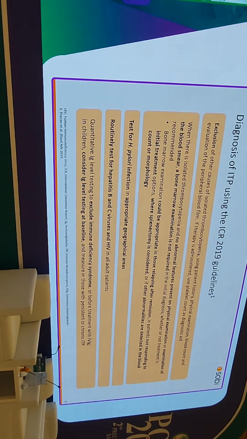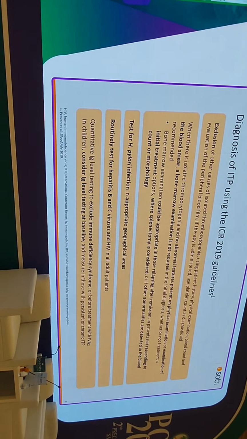If you have a family history, that's where you can really do whole genome or whole exome sequencing. H. pylori, as I said, I don't test that. And of course, the most important point is to rule out immune deficiency.